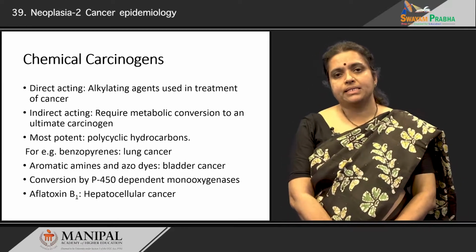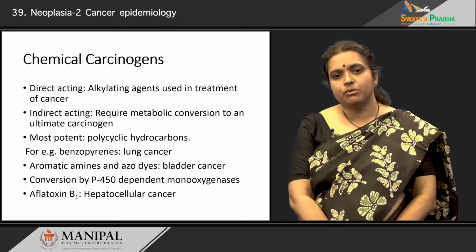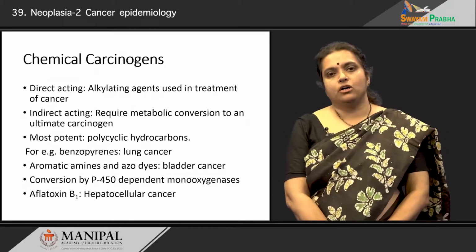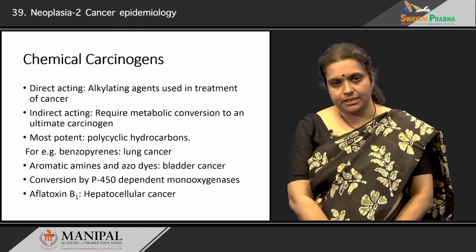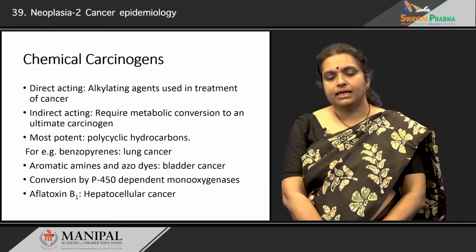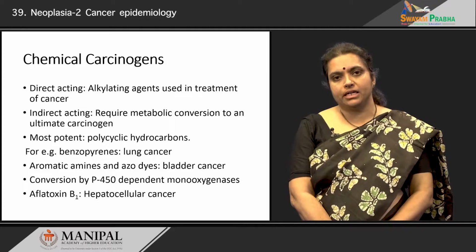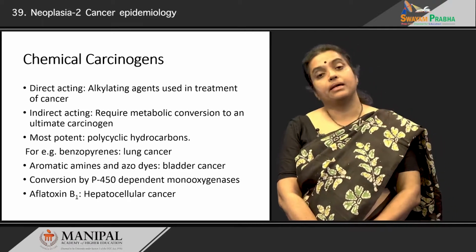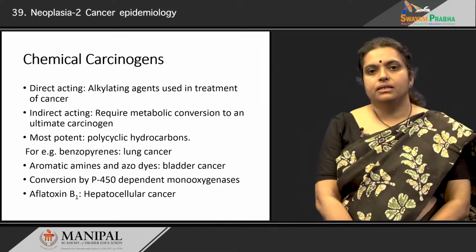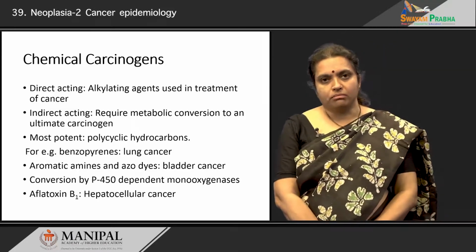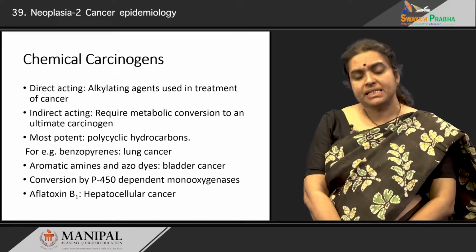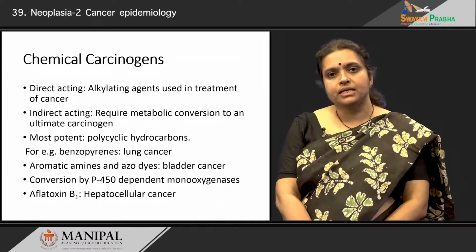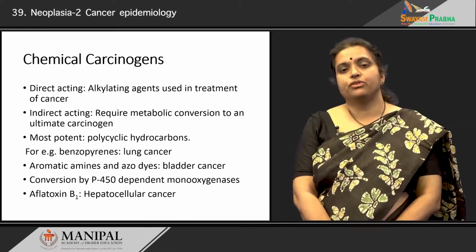This is based on the fact that some of the chemical carcinogens can directly cause a change in the genetic nature of the cell, and they do not need an additional agent to do that. These are known as direct acting chemical carcinogens. The best example of this would be some of the alkylating agents that are used in the treatment of cancer.